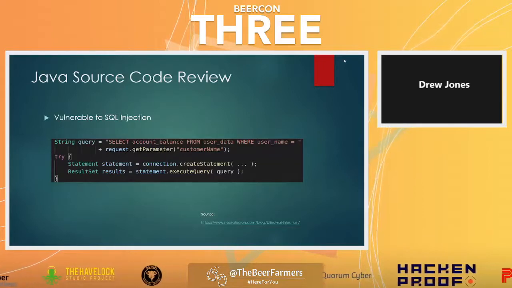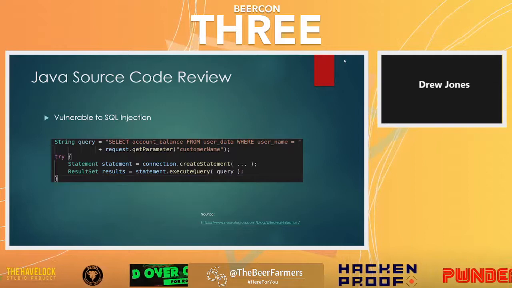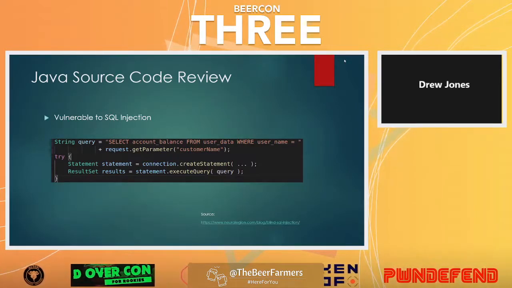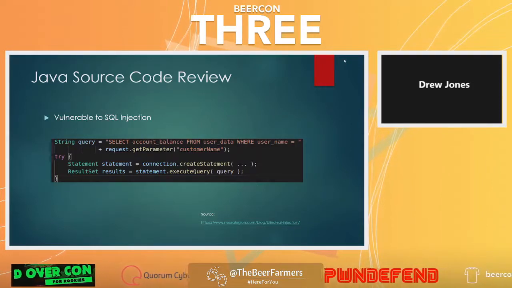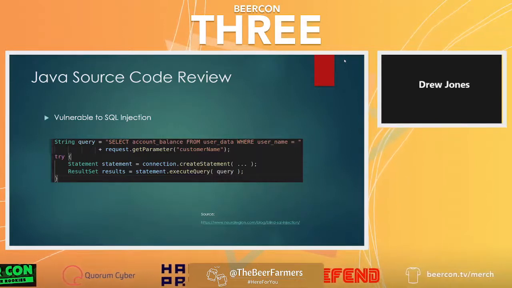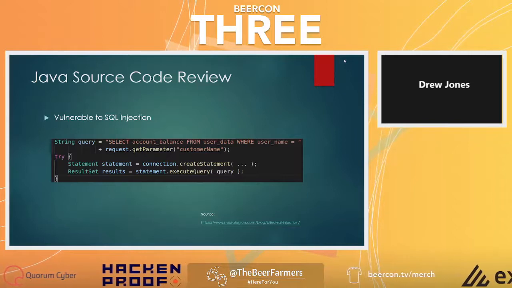So looking at this in Java source code, here we have a string called query, and it has an SQL statement selecting account balances from user data. And then at the end, we have a GET parameter for customer name.